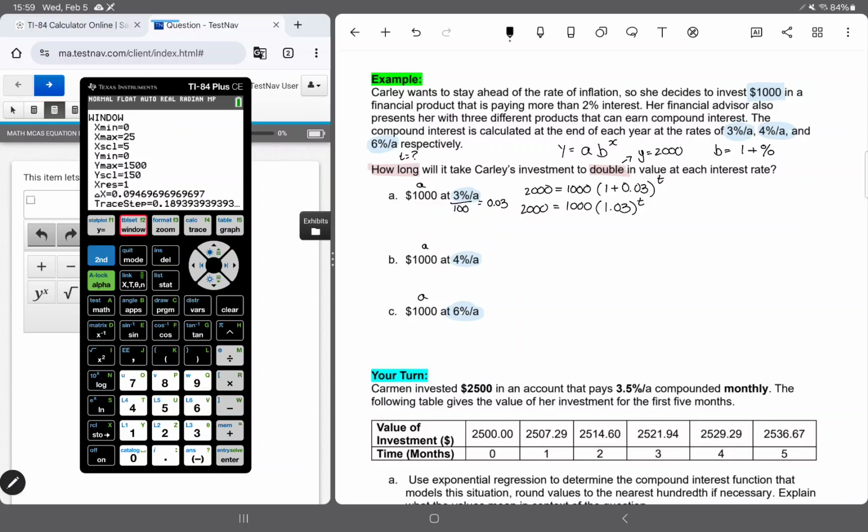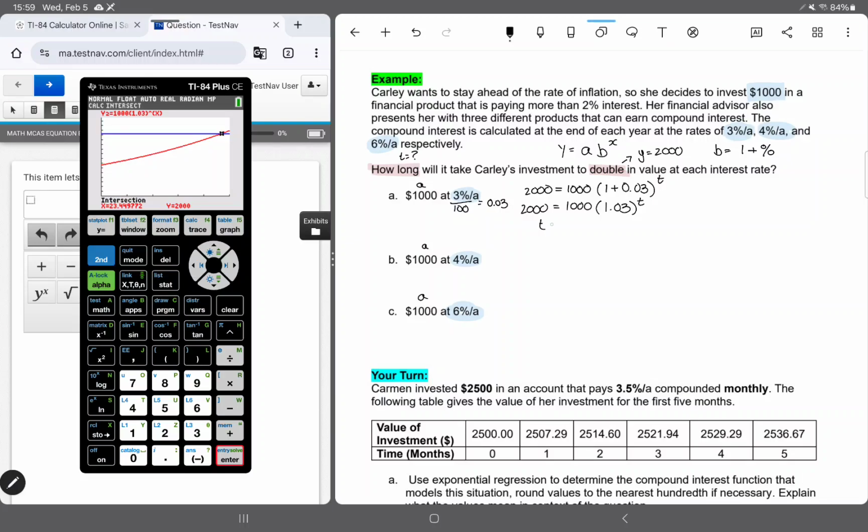Again, my window obviously is not going to be enough because my y max only goes up to 1,500. So let's boost that up to 2,500 and see if that's enough. All right, I can see my intersection point. So second calc, intersect, enter, enter, enter. There we go.